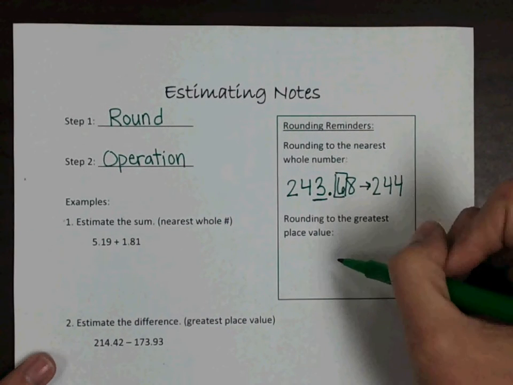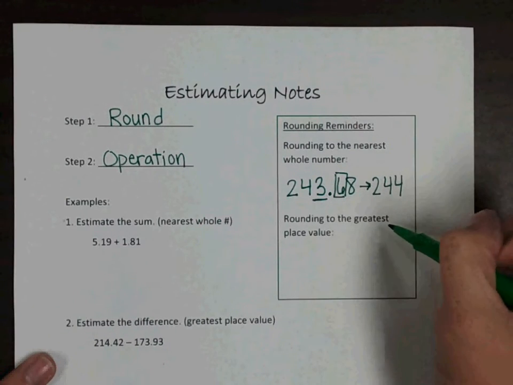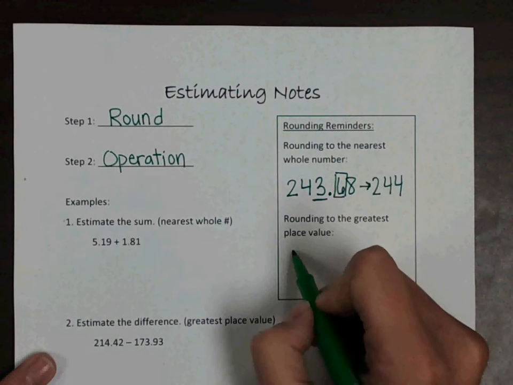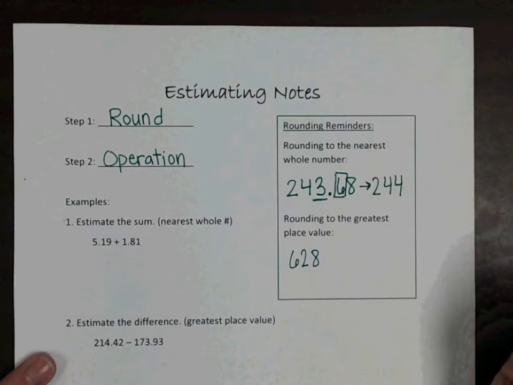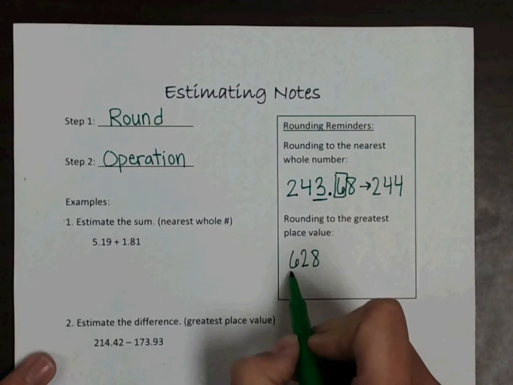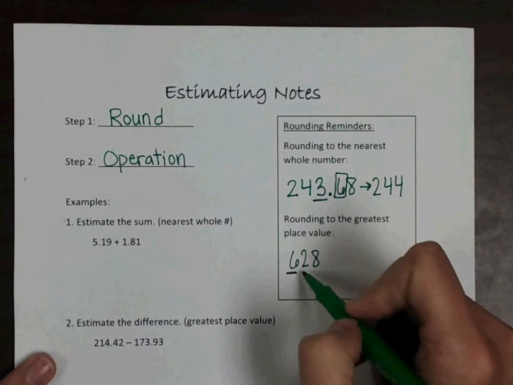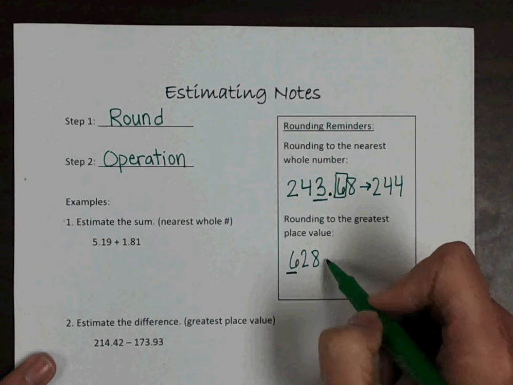Another one you might see is to say rounding to the greatest place value. The greatest place value means the first digit on the number. So if I had 628 and it said round to the greatest place value, well, the greatest place value is the biggest number over here. So I'm going to look to the right of it. Is that 2 bigger than 5 or less than 5?